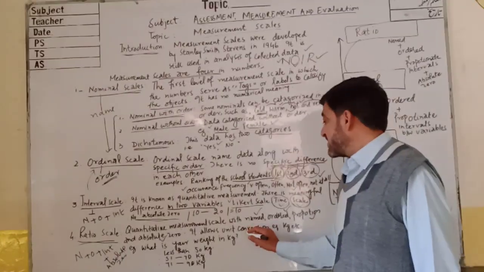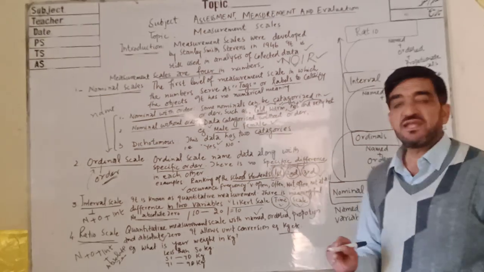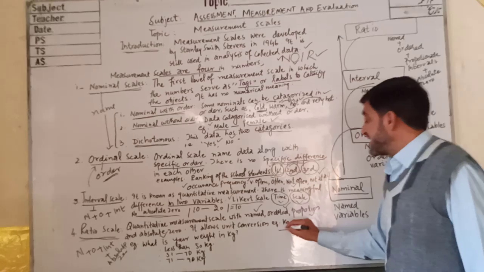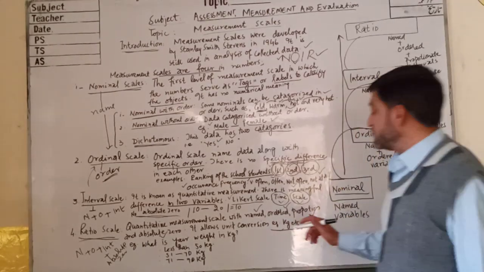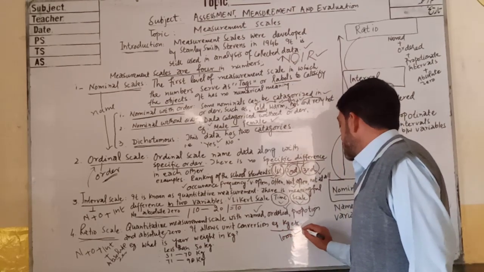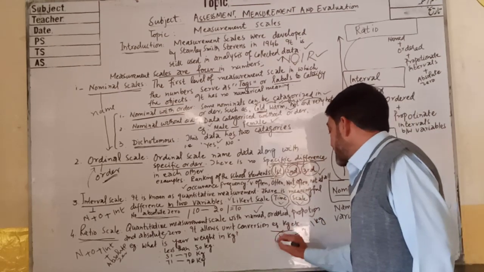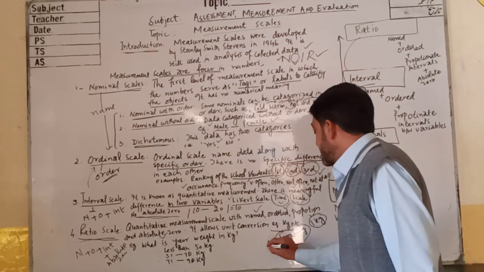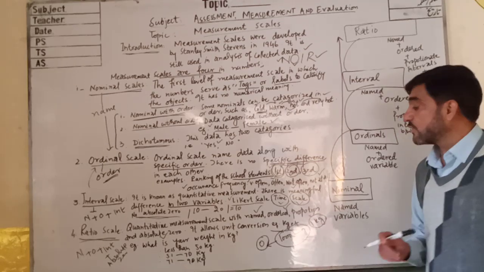It allows unit conversion, for example kg, etc. Before kg we can collect other scales or units. 1000 grams is equal to 1 kg, as you know very well. So we can convert 1000 grams into 1 kg, and we can also say that the weight is 0.